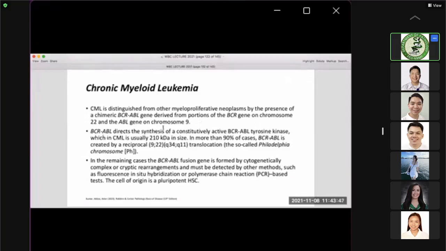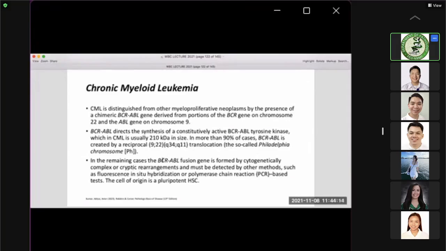So BCR-ABL would direct the synthesis of a constitutively active BCR-ABL tyrosine kinase. Meron siyang translocation in these chromosomes, the so-called Philadelphia chromosome translocation.